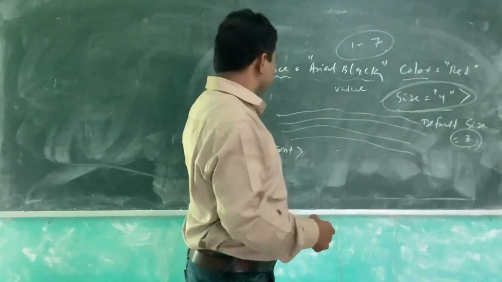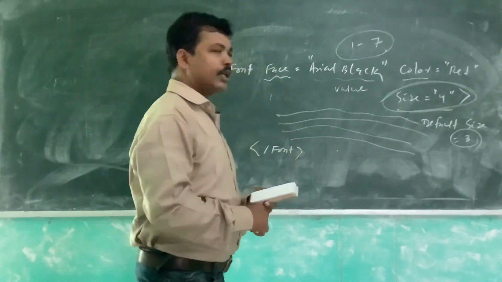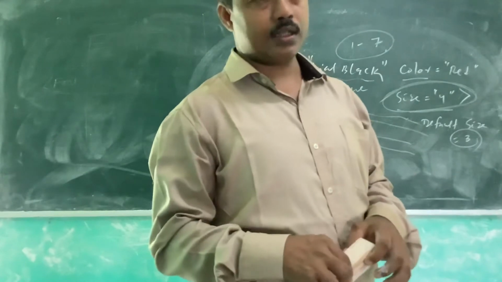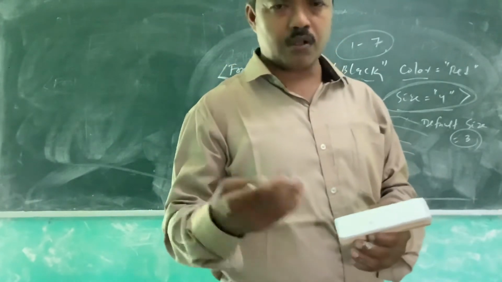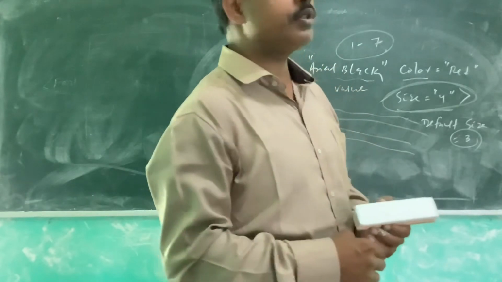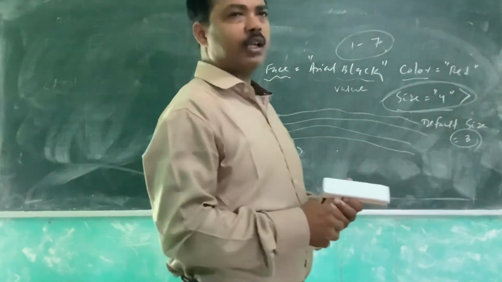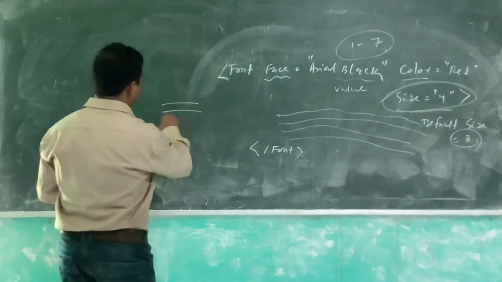By using the font tag, we can give special effect to our text. Similarly, you may change other attributes by using another font tag for other paragraphs. Like this is another content.